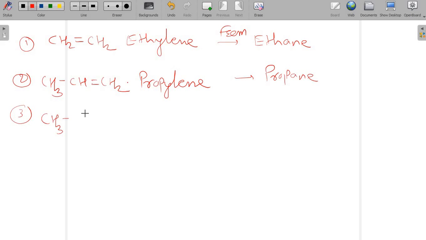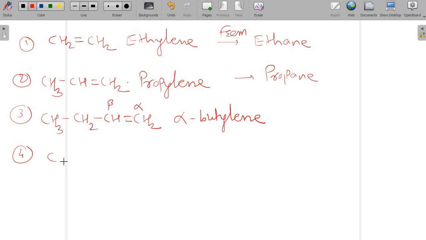Then the 4 carbon containing alkene, CH3CH2CH double bond CH2. If you give the Greek alphabets, here it is alpha and beta. The double bond occurs at the alpha position, that's why it is called alpha butylene. Similarly, you can draw beta butylene also.